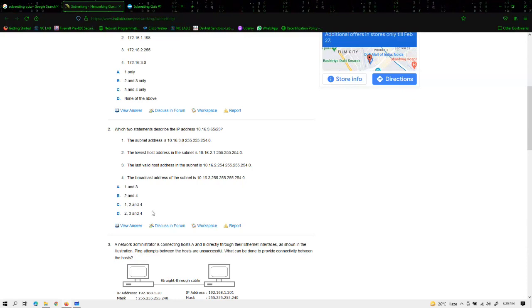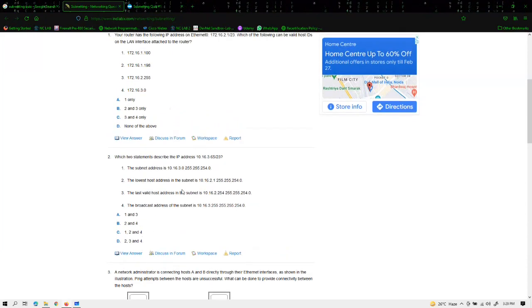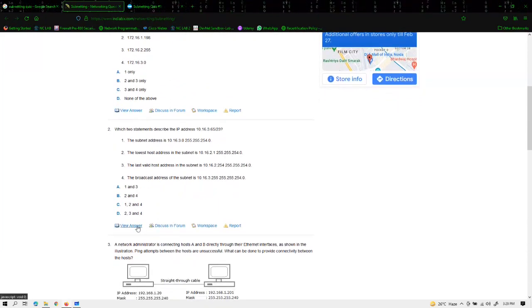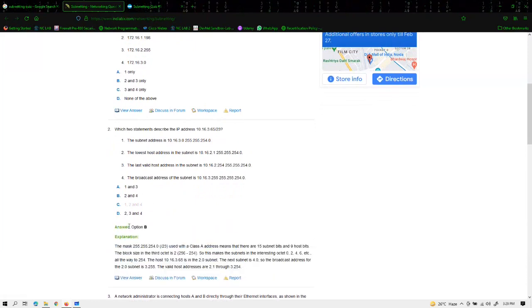Yes. Then 1 is correct and 2 is correct. C, the broadcast address, is correct. To check the answer, B is correct, 2 and 4. But the first is not correct.